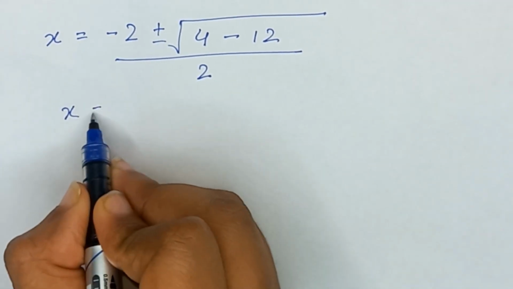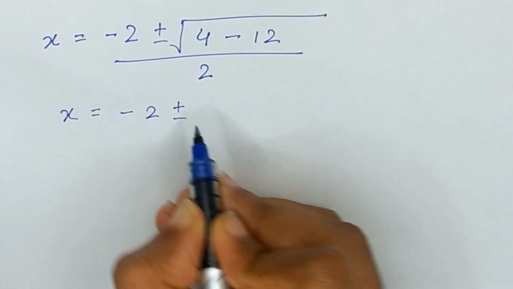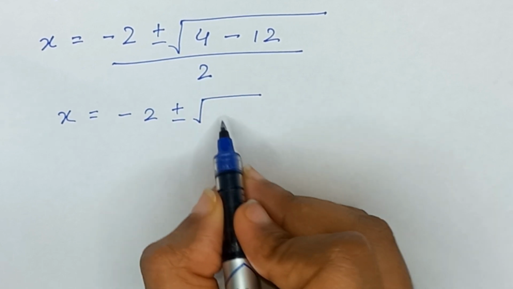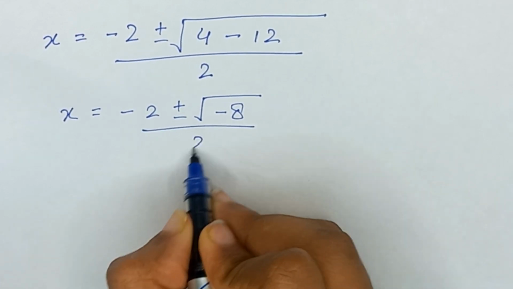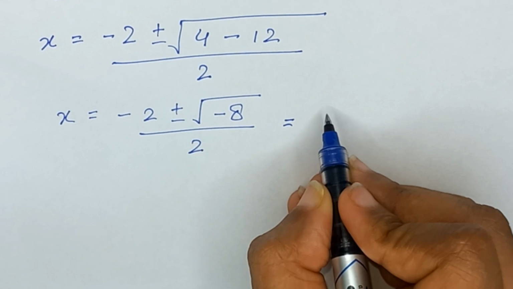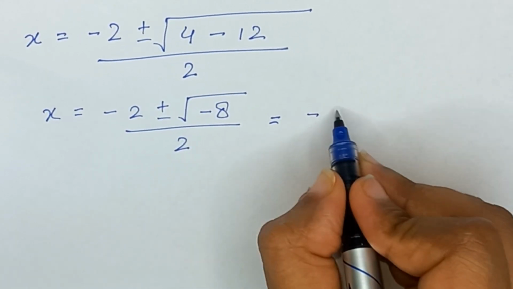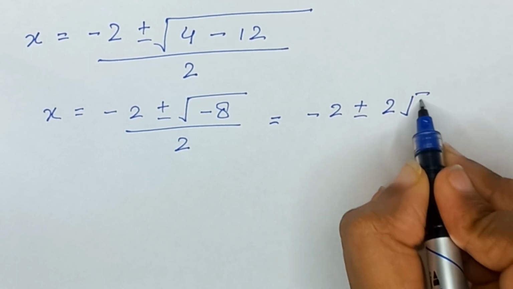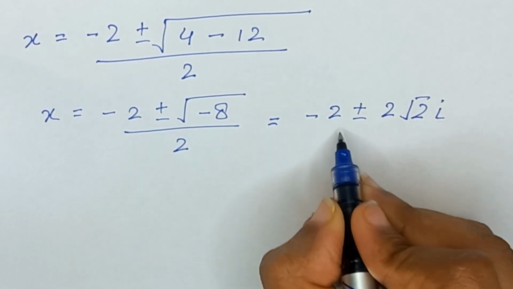So from here x will be equal to negative 2 plus minus square root of 4 minus 12, which is negative 8, divided by 2. And we can also simplify it as negative 2 plus minus 2 times square root of 2, and square root of negative 1 will be iota, divided by 2.